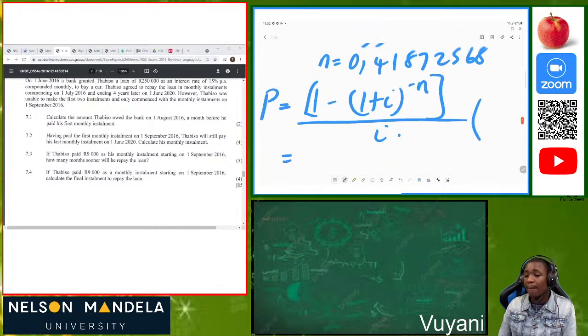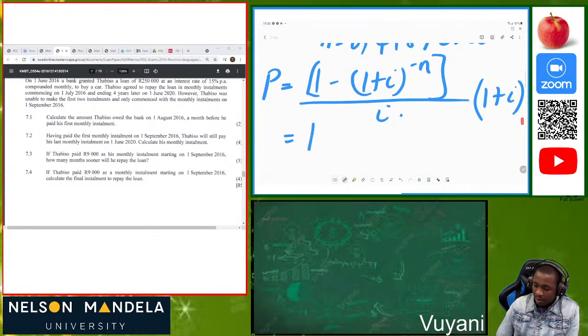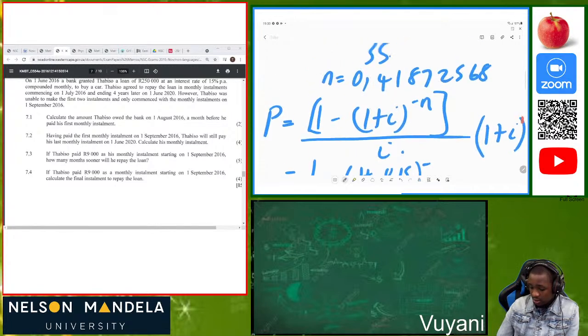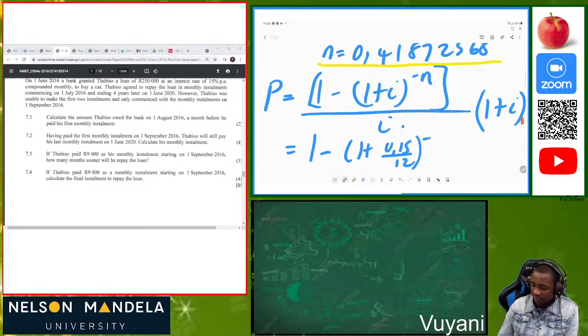Okay, now we want to calculate the amount he's going to pay. Bear in mind that he's going to pay the entire month, so we also have to include 1 plus the interest of that balance. The amount of money is going to pay for that balance. So it's going to be 1 minus 1 plus 0.15 divided by 12 negative this fraction, because we want to calculate for that fraction.